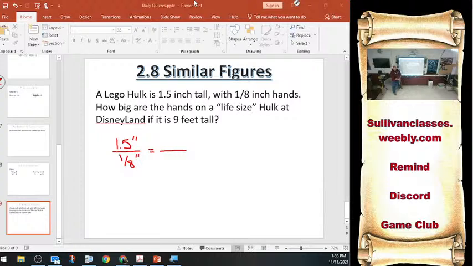X over 9. Because this is tall over hands, then my other one also needs to be tall over hands. Same thing to same thing. We need 9 feet to x feet. Cross multiply and solve.